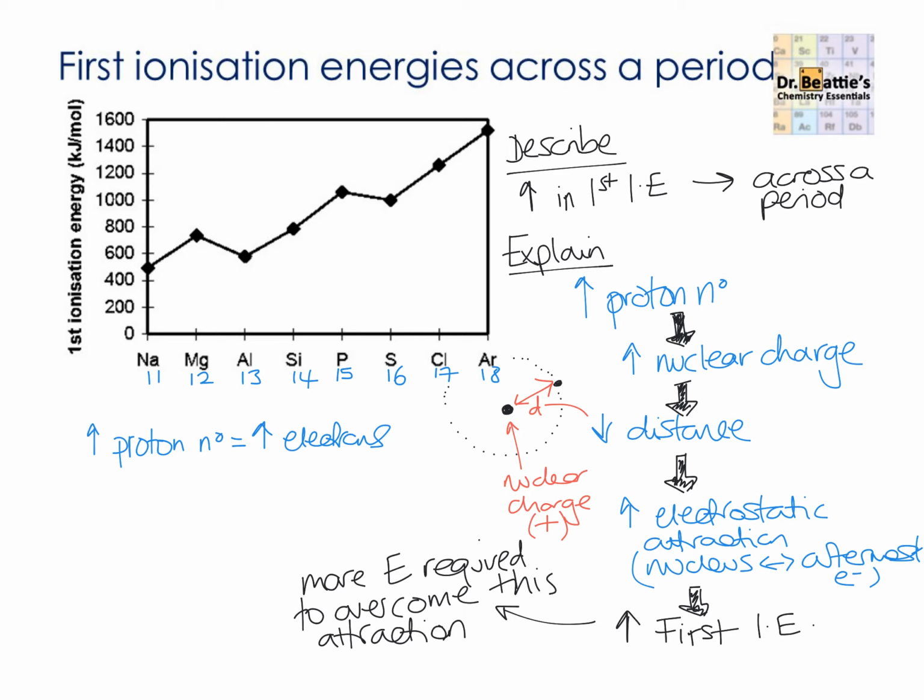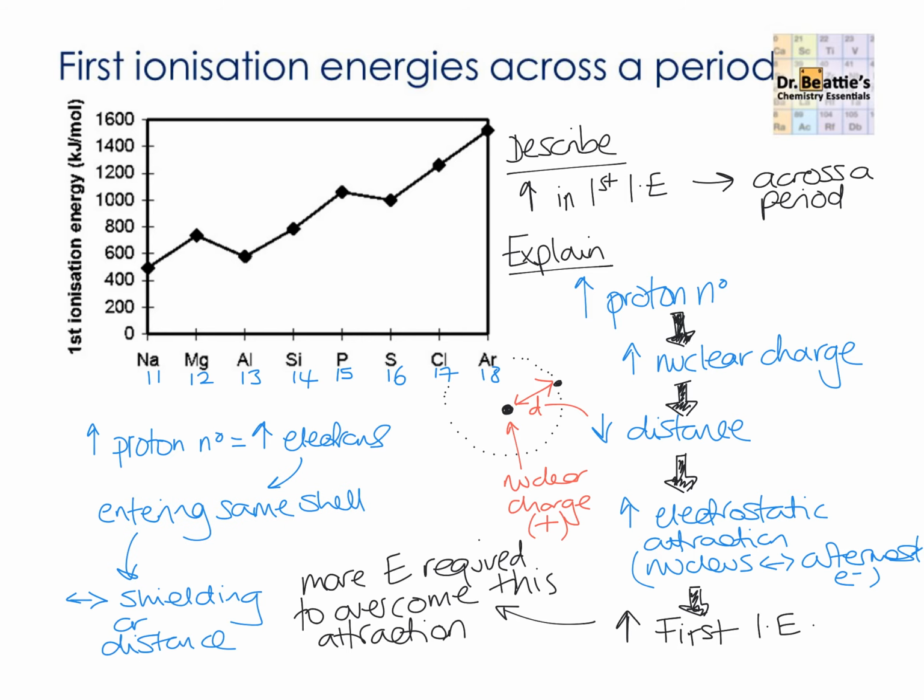And so therefore, because we're not adding any extra inner shells, shielding does not change, neither does the distance between the nucleus and the outermost electron. And so these increasing electrons have no effect on the ionisation energy. So this whole train of thought is not needed in terms of trying to explain this data.